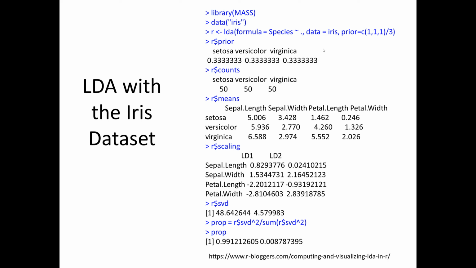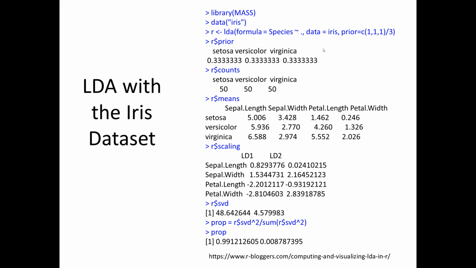If I had known that this package and command would do that, it would have saved me a lot of work earlier when I was trying to do that. Also, we get this data standardized, that is scaled, and in the form of coefficients of the linear discriminants. And the LDA command has done a singular value decomposition on the data. So we also get the eigenvalues back.